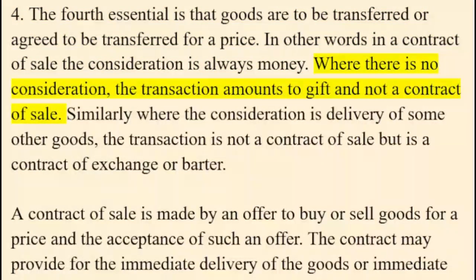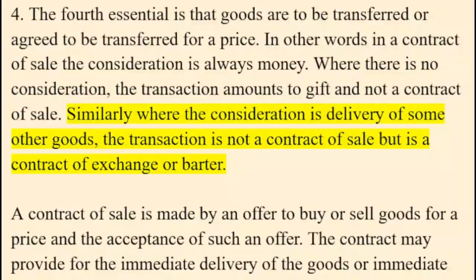Where there is no consideration, the transaction amounts to a gift and not a contract of sale. Similarly, where the consideration is delivery of some other goods, the transaction is not a contract of sale but is a contract of exchange or barter.